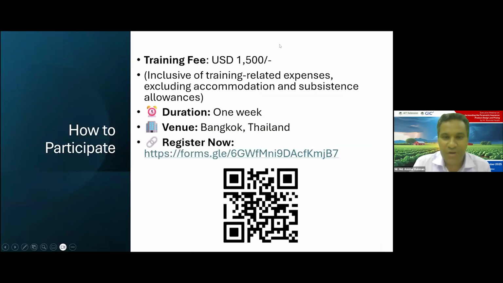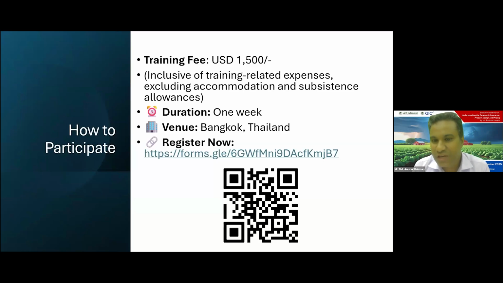So how can you participate? For the training fee, we have decided to be inclusive of training-related expenses, but excluding accommodation and subsistence allowance, which is 1,500 USD per participant. This is a 1 week program.